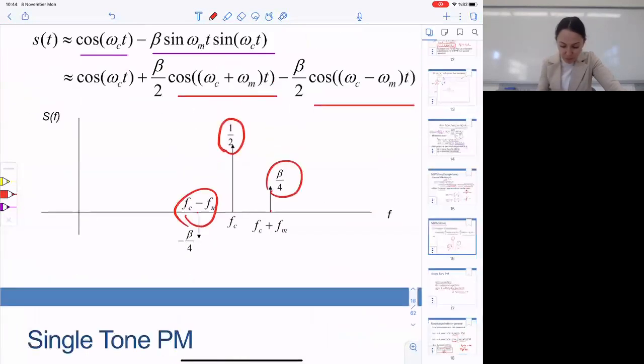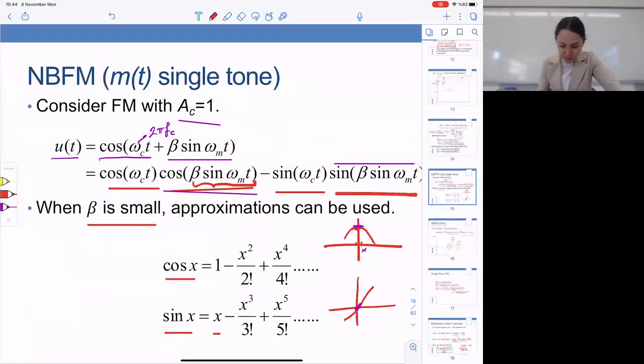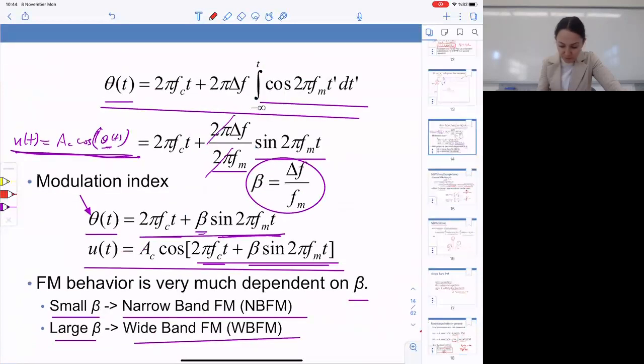And if you look at FM, again, beta controls how much the phase is affected by the message waveform.